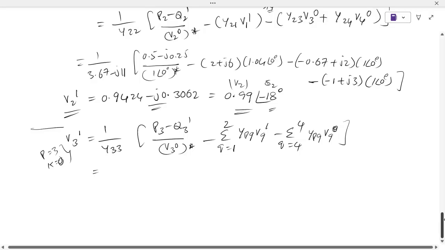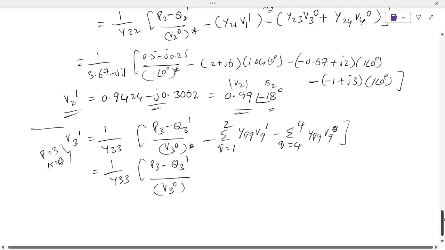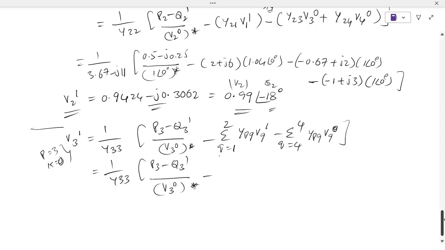Now after expanding this, 1 by Y33, P3 minus Q3(1) by V3(0) conjugate minus, here Q is equal to 1 comma 2, two values we have, so we will get 2 terms.